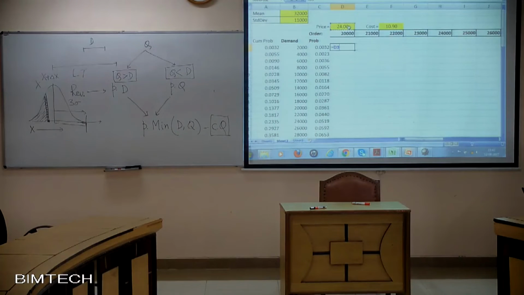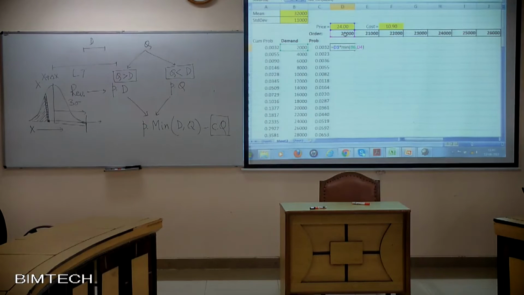The revenue is price multiplied by minimum of what? Minimum of the demand or the order quantity.